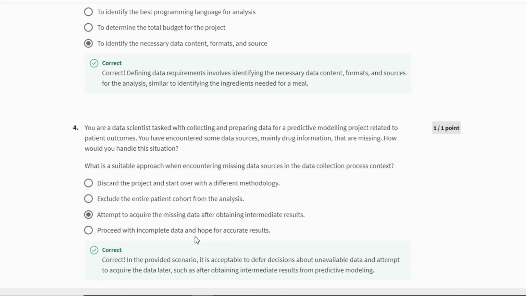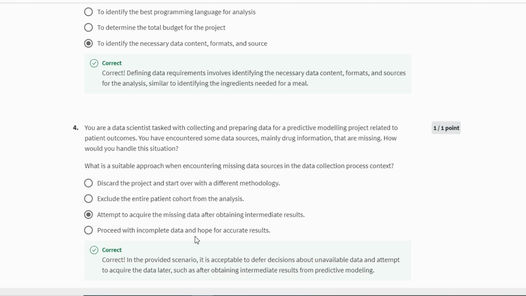Fourth one: you are a data scientist tasked with collecting and preparing data for a predictive modeling project related to patient outcomes. You have encountered some data sources, mainly drug information, that are missing. How would you handle this situation? As I told before, if we have incomplete data or biased data, we are going to have a wrong analysis on the data, and we cannot achieve our goal that way. It is going to create some consequences as well.